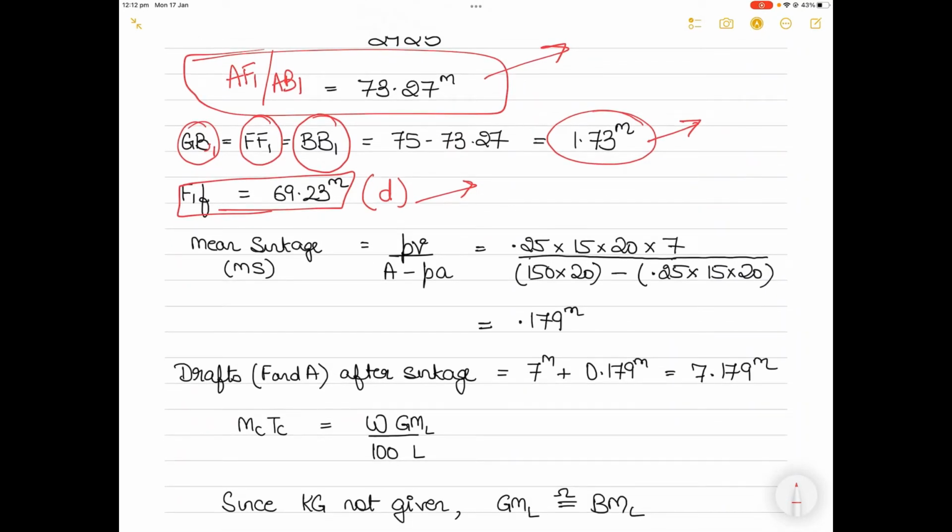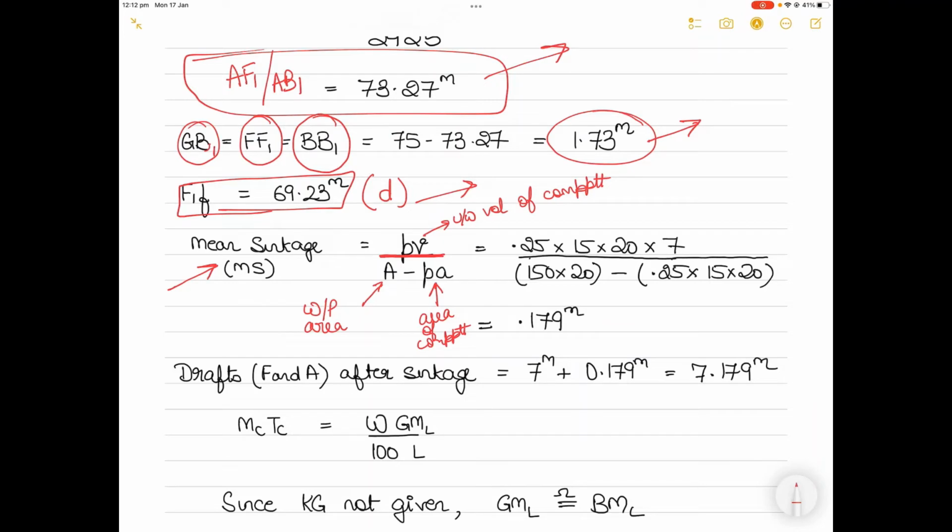Alright, then we calculate what we call mean sinkage. Mean sinkage formula is permeability multiplied by underwater volume of the compartment only, divided by the original water plane area minus permeability multiplied by area of compartment.